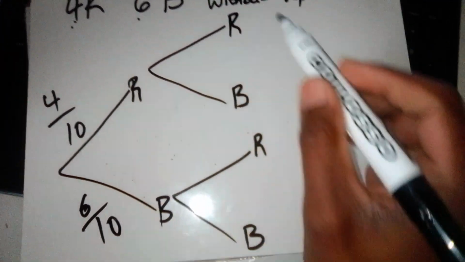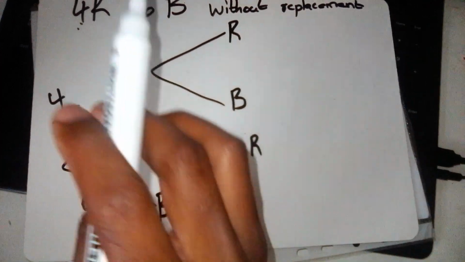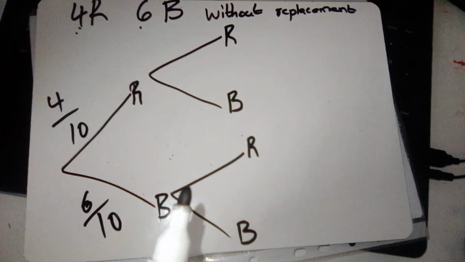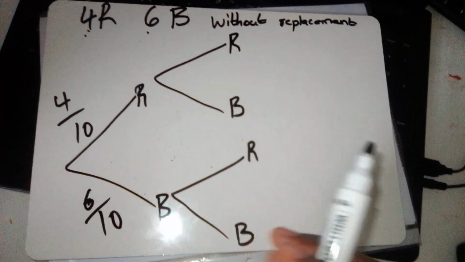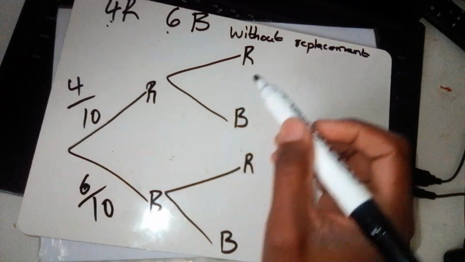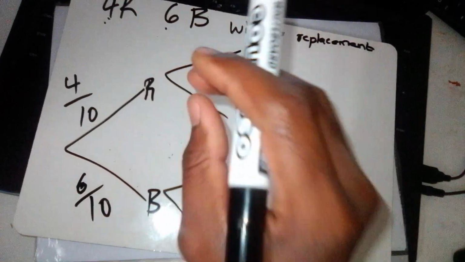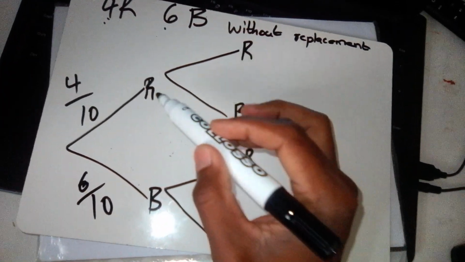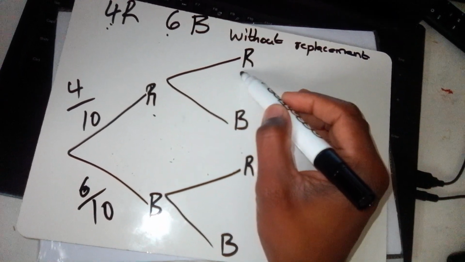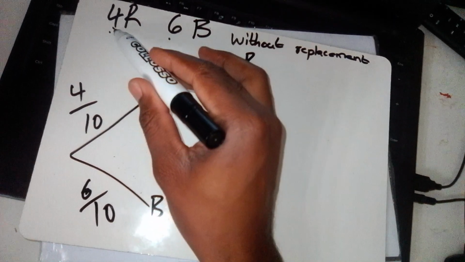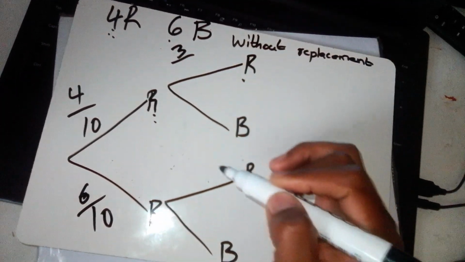Now, let's go to this one. They are saying without replacement. So when you take out 1 ball, you're not putting it back, so the number reduces, right? Suppose when you took out the first ball, you took out red. If you take out red, how many reds are we left with? We have 4 reds, so if you take out one, we are left with 3.